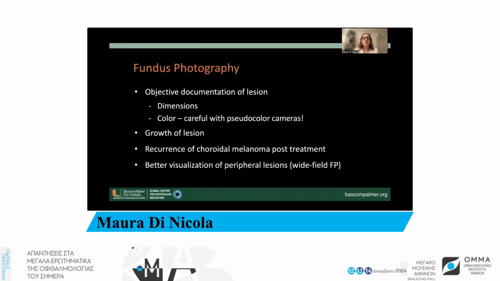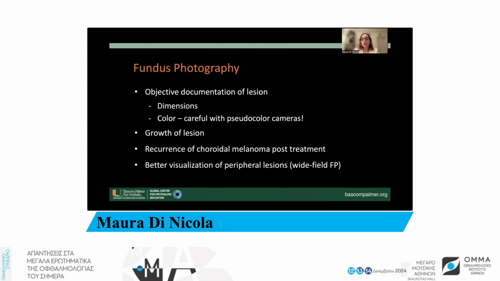These are some of the basic imaging modalities that we use for intraocular tumors, fundus photography being the first and most readily available in many situations. It is helpful for objective documentation of the lesion, as well as documenting the evolution and potential growth of the lesion over time, as well as the response to treatment in case of malignant lesions that get treated potentially with radiotherapy.